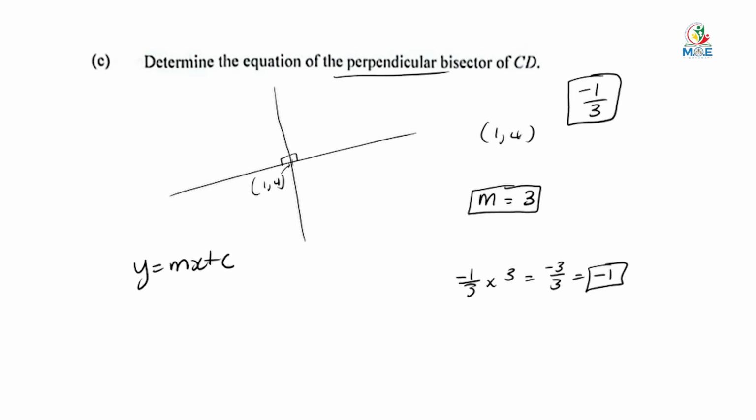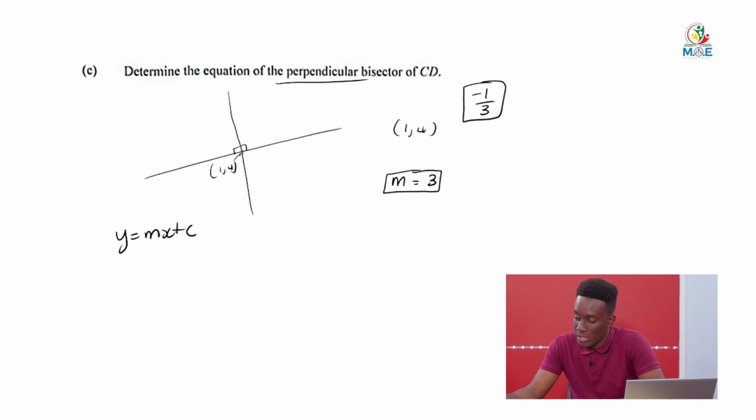The product of two perpendicular gradients is -1. In simpler words, we just find the negative reciprocal of the other line. By reciprocal, we mean we flip it and we flip the sign. So the gradient of the line we're interested in is 3.